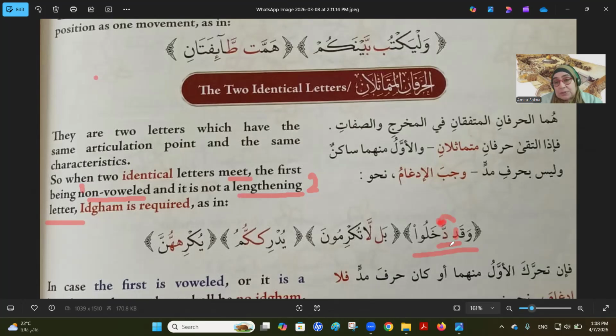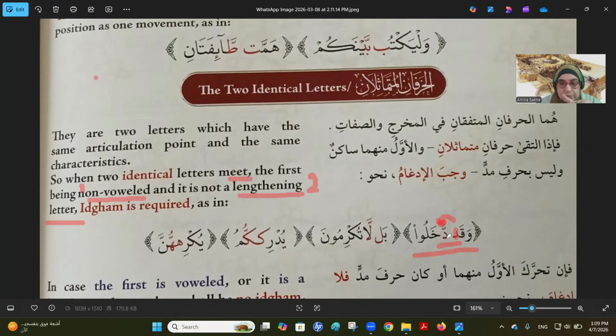And qalqala will not be applied, which means I cannot recite what I say, وَقَدْ دَخَلُوا. No. Take care, my dear sisters. Or I cannot apply hams if it's a letter with hams, because here I have full merging. No qalqala, because the first dal is fully merged into the second.